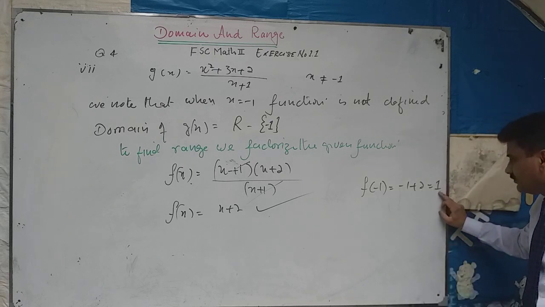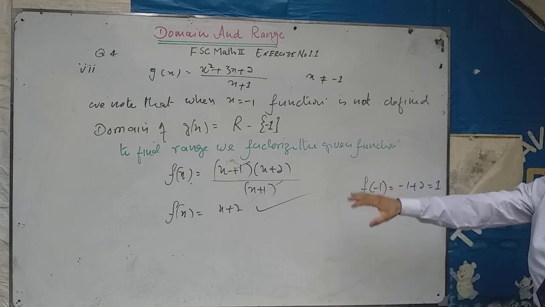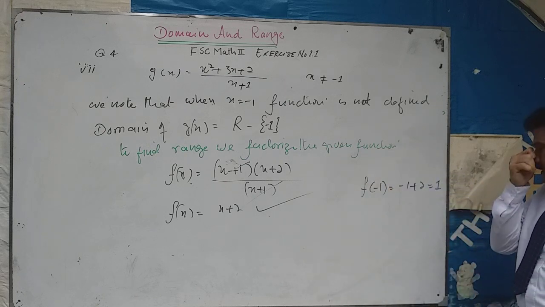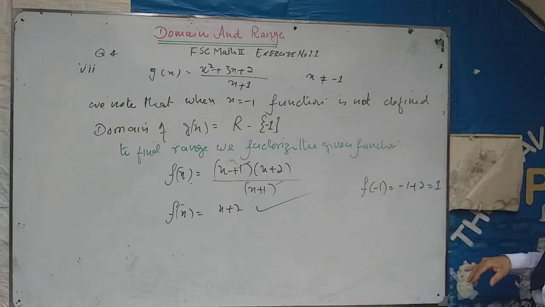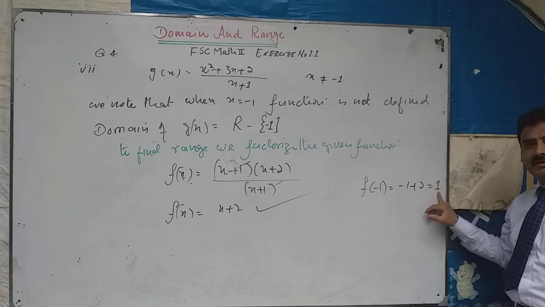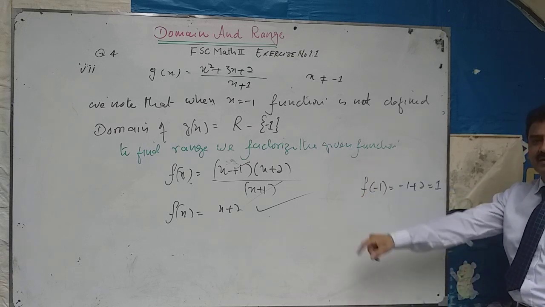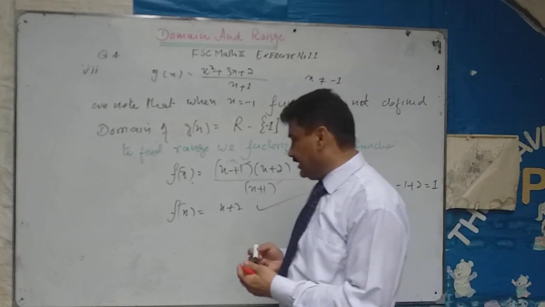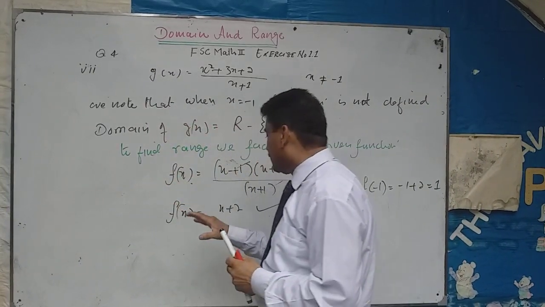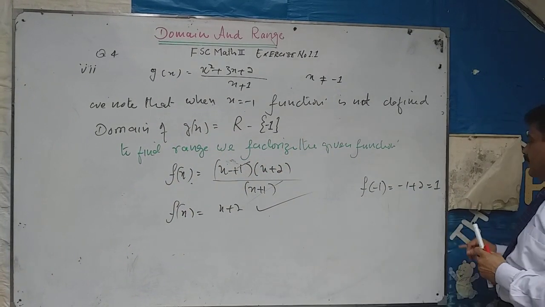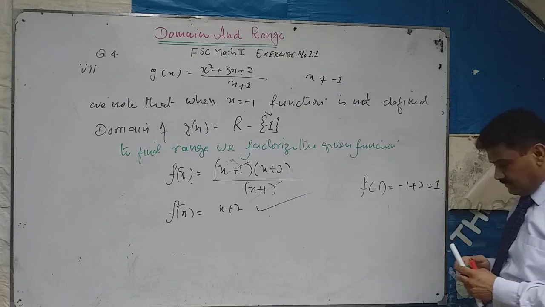So the function value 1 is not included in our range. So we have to remove the real number 1 from the set of real numbers. So its range will be the set of all real numbers except this one.